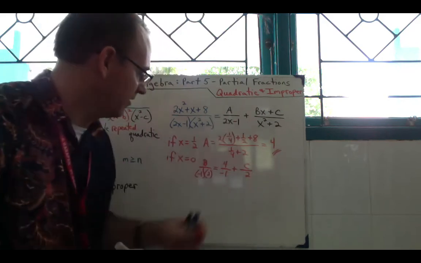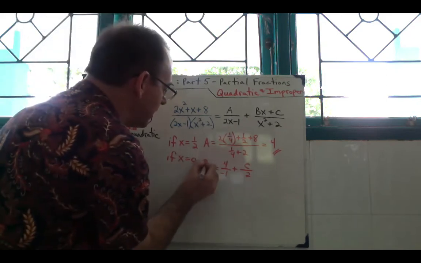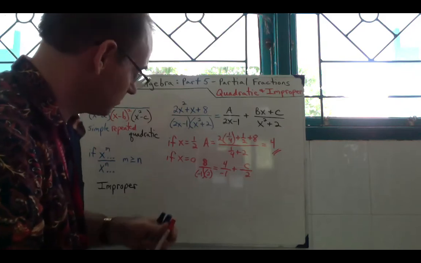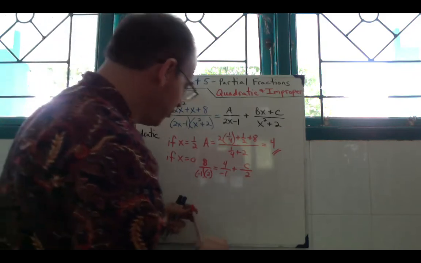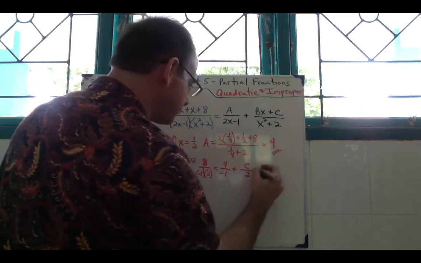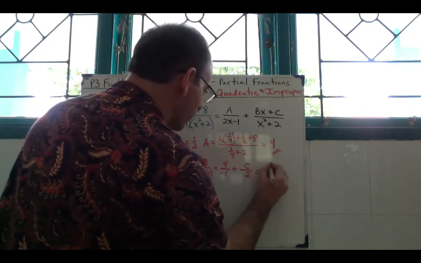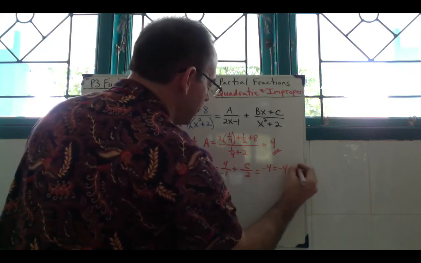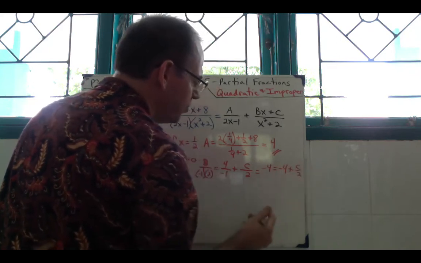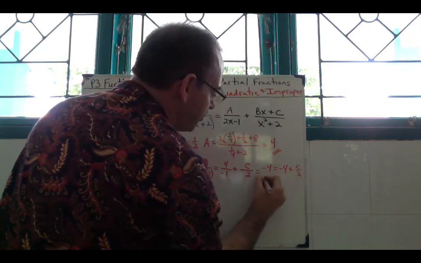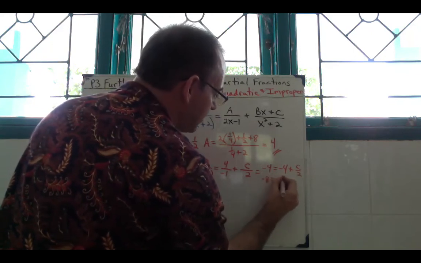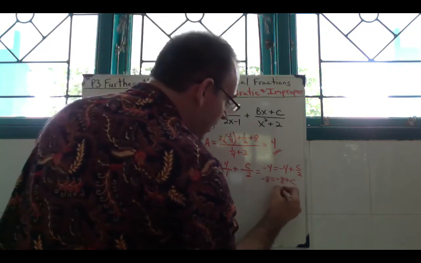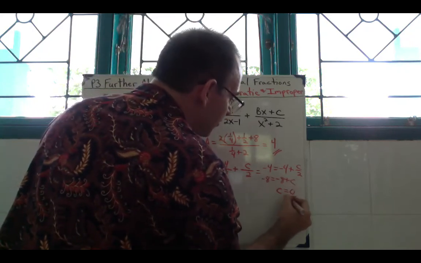So the b canceled out. 8 over -2, which is -4, equals, here's another -4, plus c over 2. We multiply it by 2, we get -8 equals -8 plus c. And when we add 8 to both sides, c equals 0.